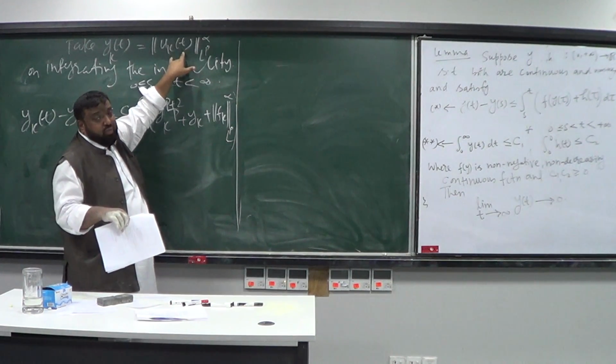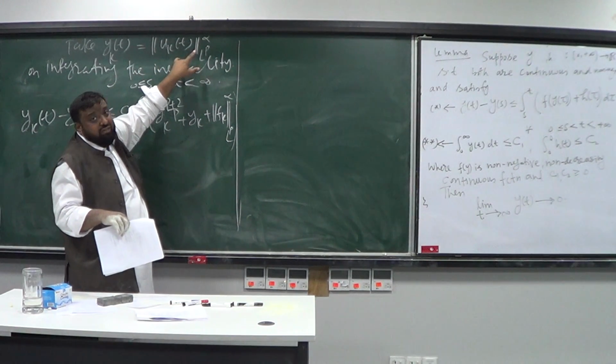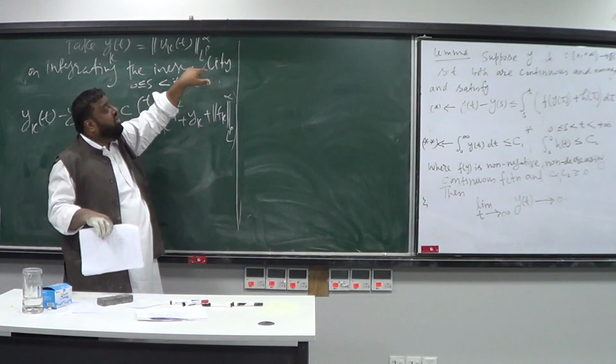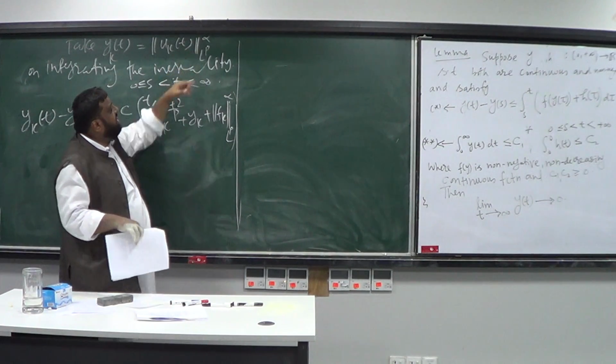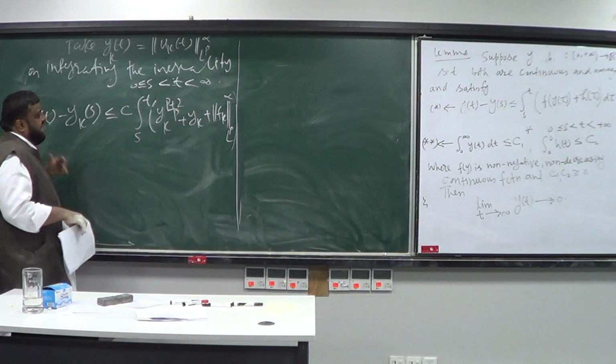If I can prove this, that the LP norm of uk(t) power alpha converges to u(t) in LP power alpha, then I can take the limit on this side and get what I want.